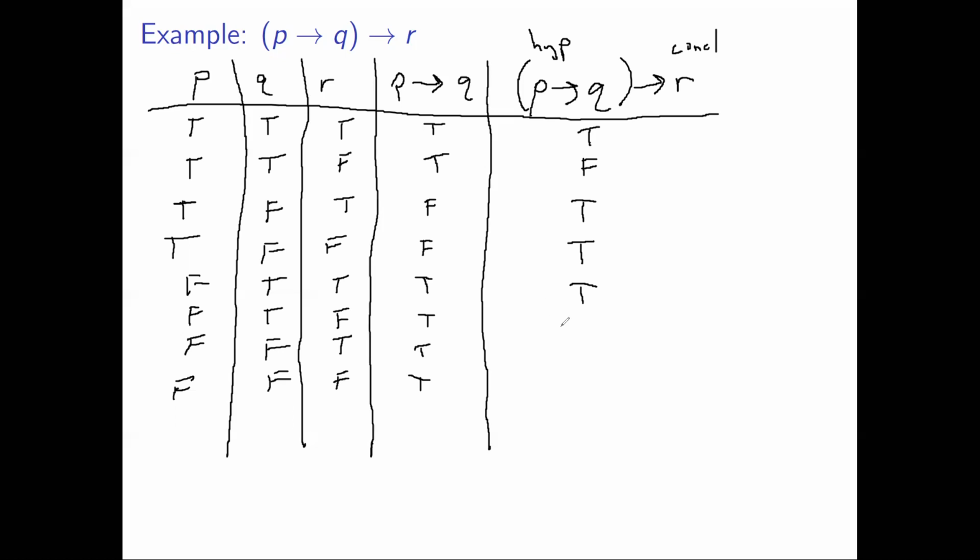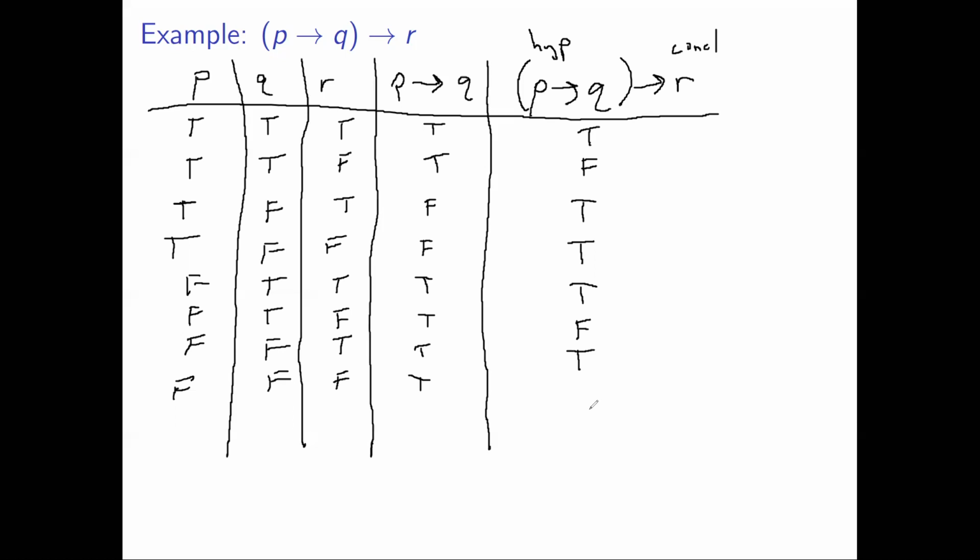So the hypothesis is true, but the conclusion is false. So in this case, the implication is going to be false. And now we only have two rows left. So seventh row, our hypothesis, P implies Q. This is true here. And the conclusion, R, is also true.